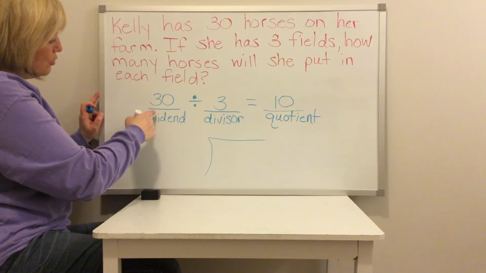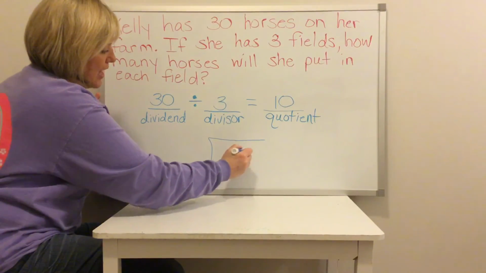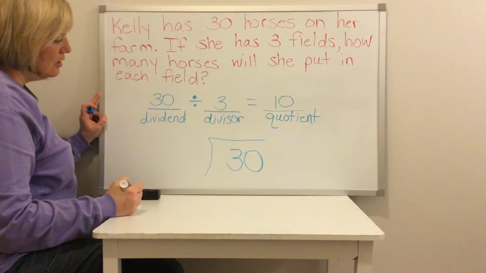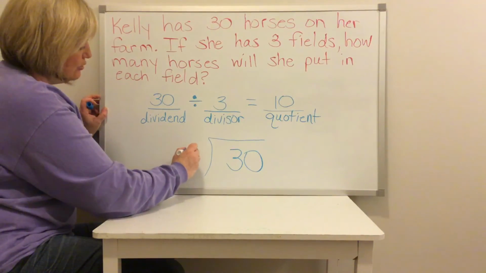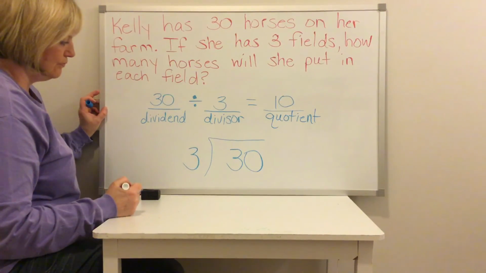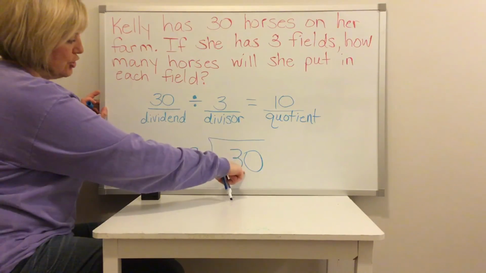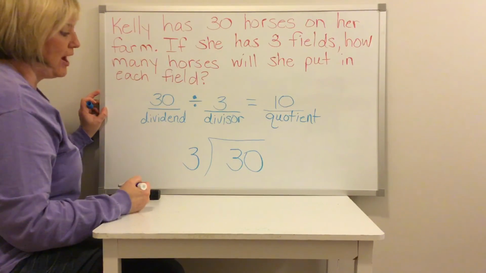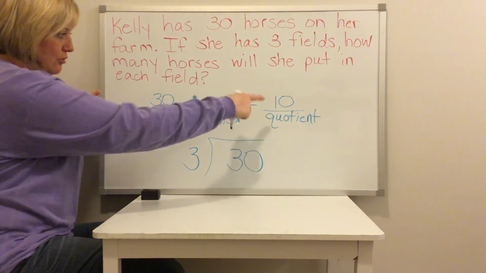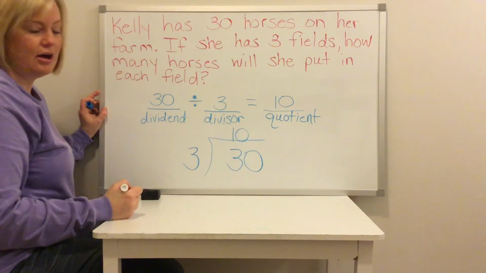Your dividend, or your total number that you start out with, goes inside of the dog house. The number you're dividing by, or the divisor, goes outside of the doghouse. So when you read a problem written like this, it's 30 divided by 3. And then your answer, which to this problem is 10, would go on top of the doghouse.